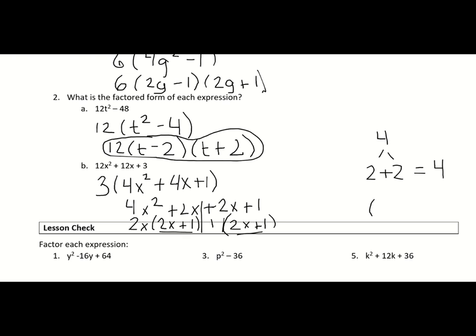So I have 2x plus 1. The outsides would also give me 2x plus 1, so I'm just going to write an exponent of 2 rather than write it again. And don't forget we took a 3 out at the beginning, so stick that 3 right back on the outside.